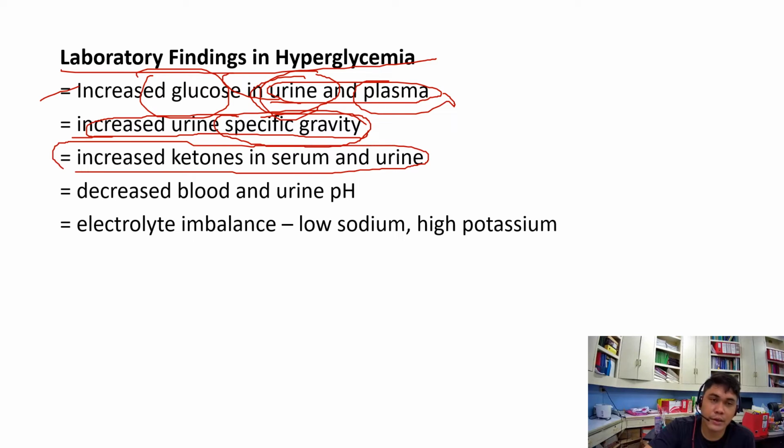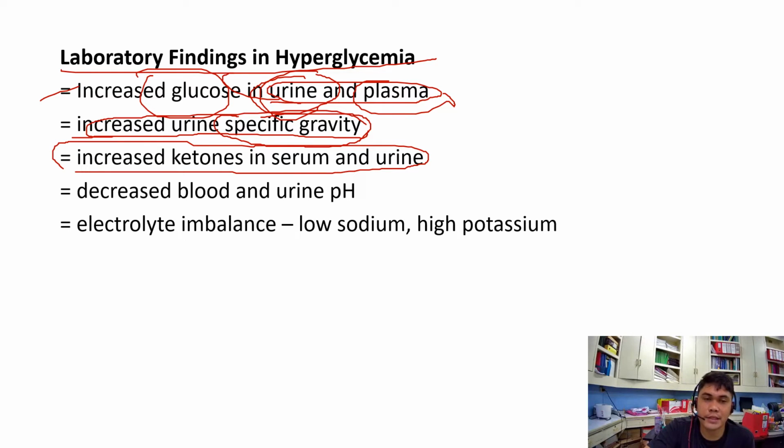It's due to increased fat metabolism, because the body is not efficient in breaking down glucose as a source of energy. So the next source of energy will be fat, and the product of fat metabolism is ketones.